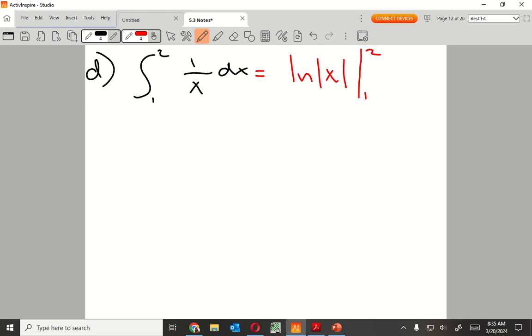If you do recall, we actually did take derivatives of ln x, which just gave me 1 over x, right? So these are hopefully just a bit of a refresher of what we did with the derivatives a while ago. So let's go ahead, top minus bottom, so it's going to be ln of 2 minus ln of 1.